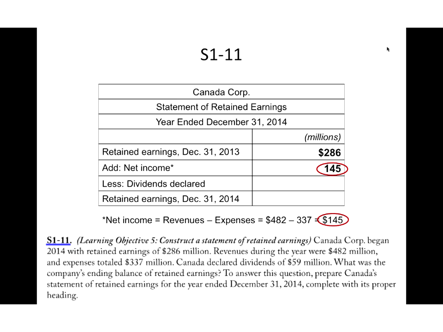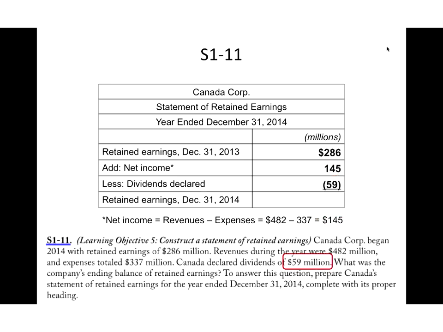Okay, next up, we're going to subtract dividends declared, and we're going to put parentheses around them to signify that they're getting subtracted. And then we're going to do a single underline. And that single underline says we're doing some mathematical operation, addition or subtraction, to the numbers above it.